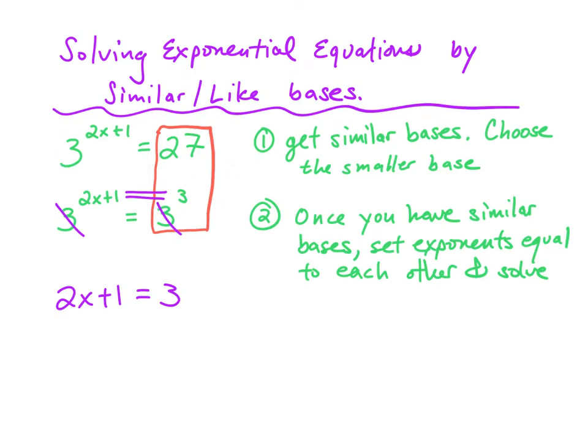So you can subtract 1 from both sides to get 2x equals 2, and then divide both sides by 2 and get x equals 1. That's simple. These steps: get similar bases, always move a larger base to a smaller base, and then once we have similar bases on each side, set the exponents equal to each other and solve.